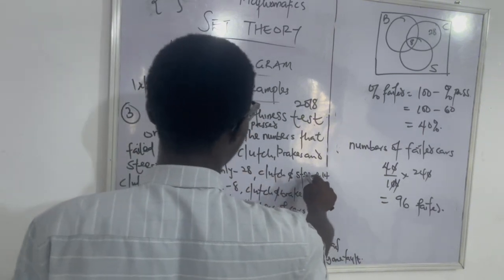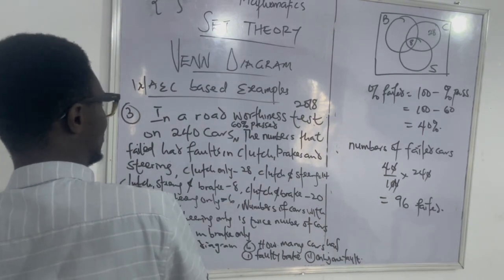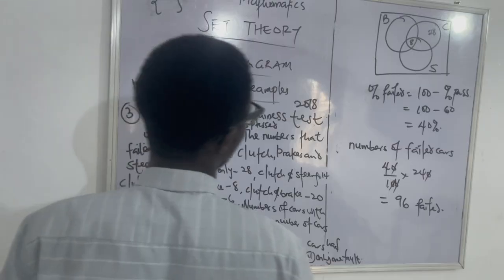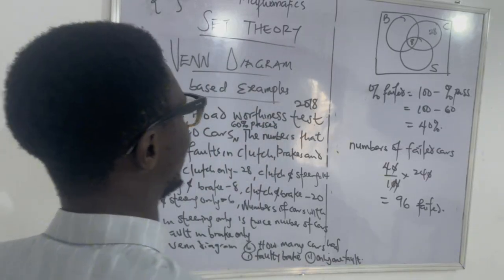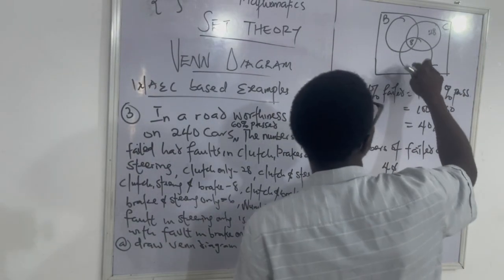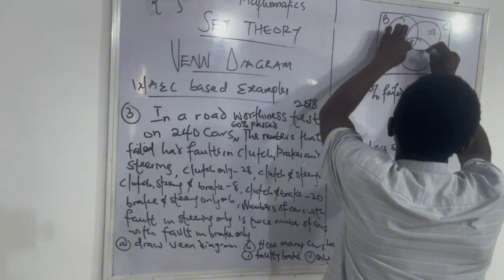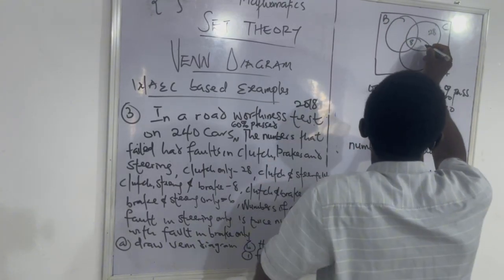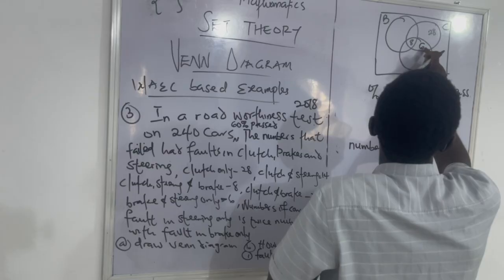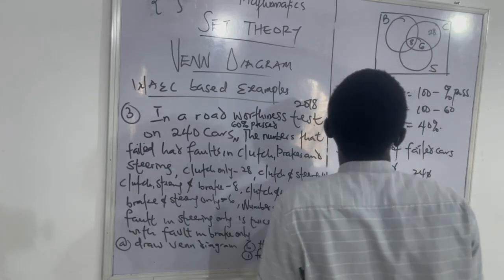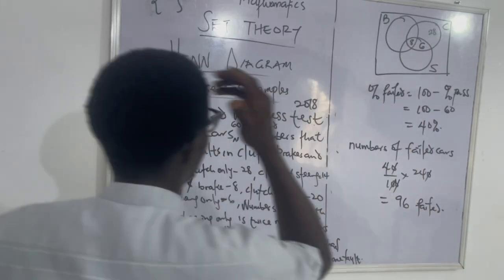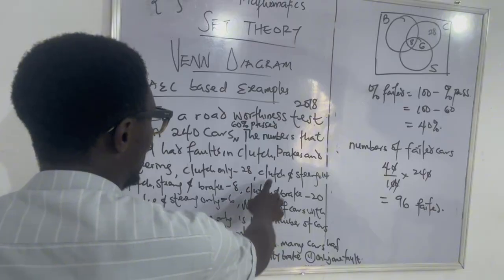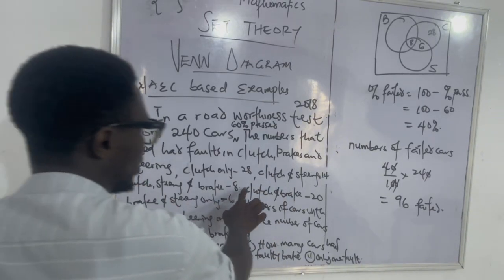Clutch and steering is 14. If clutch and steering is 14, 14 minus 8 will be 6, because 6 plus 8 is 14. Now, that is done.